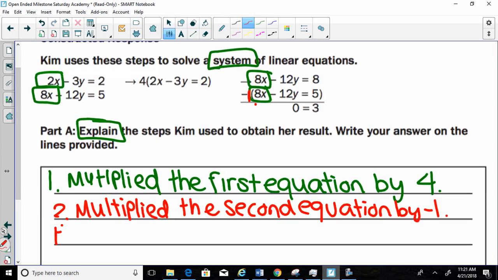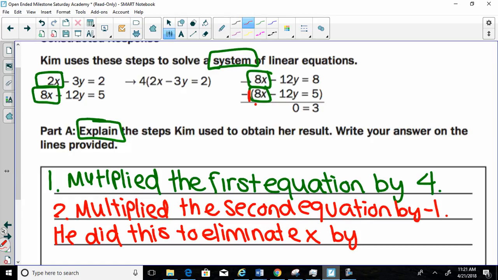And then he did this to eliminate x by adding the equations.